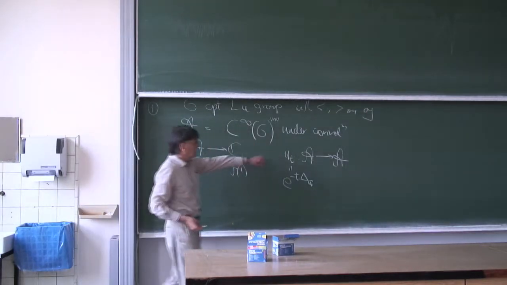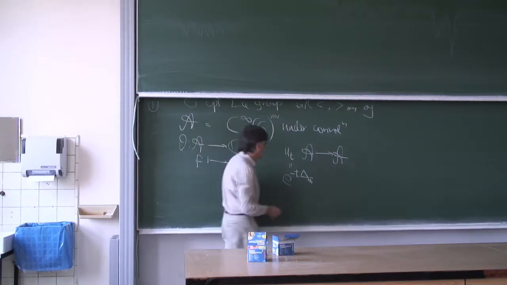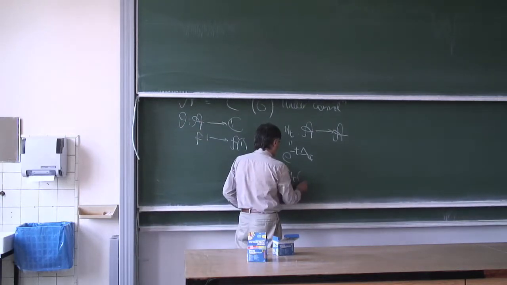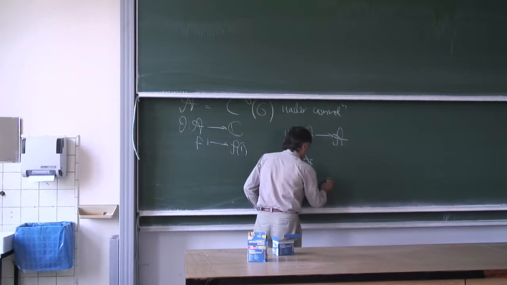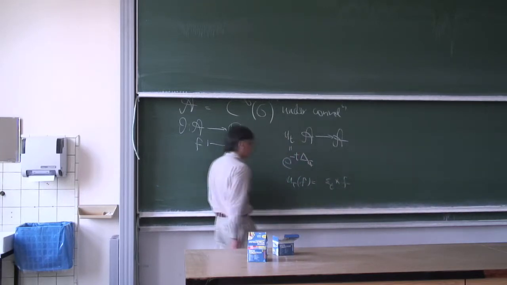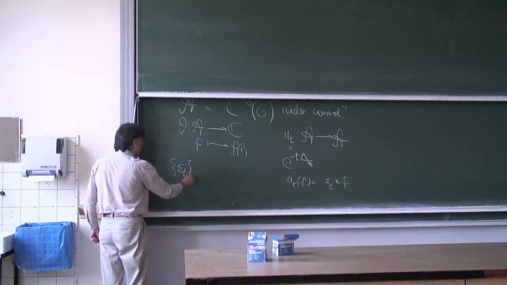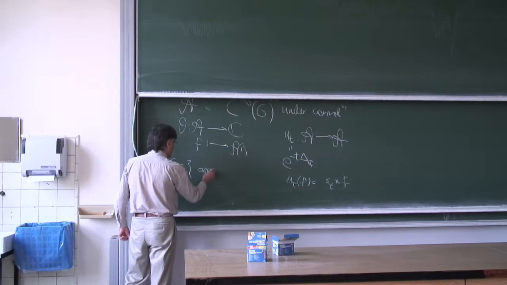And of course this heat flow is just convolution with an element. So U_t f is epsilon_t convolved with f. But these things, epsilon_t, are an approximate unit.